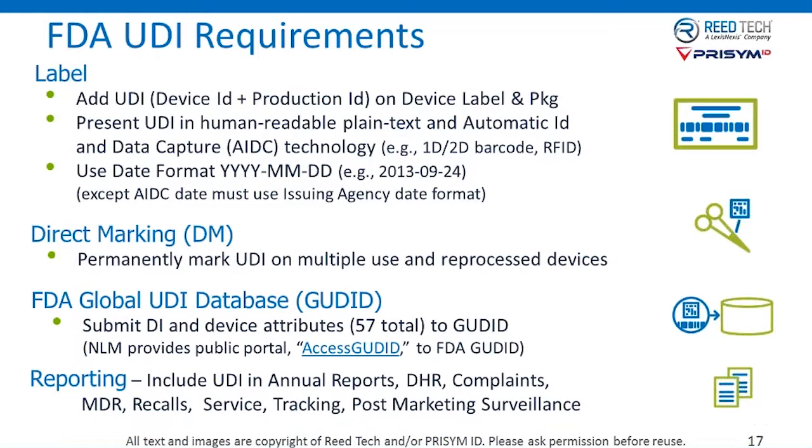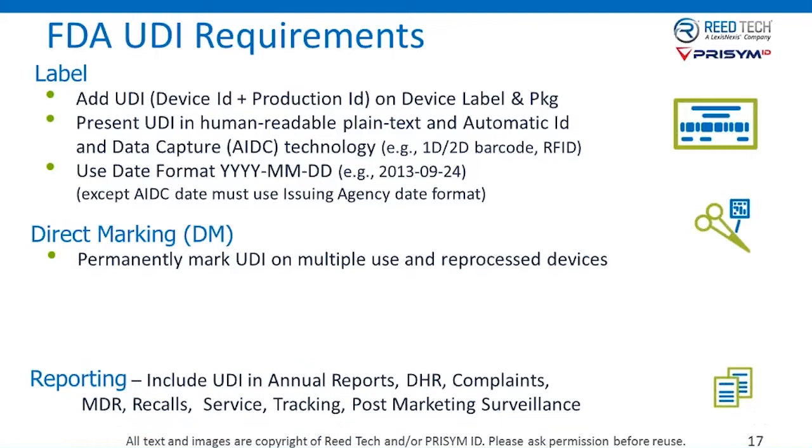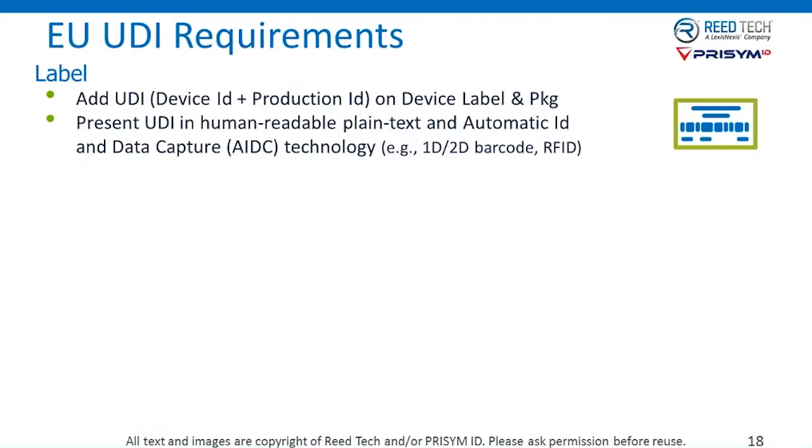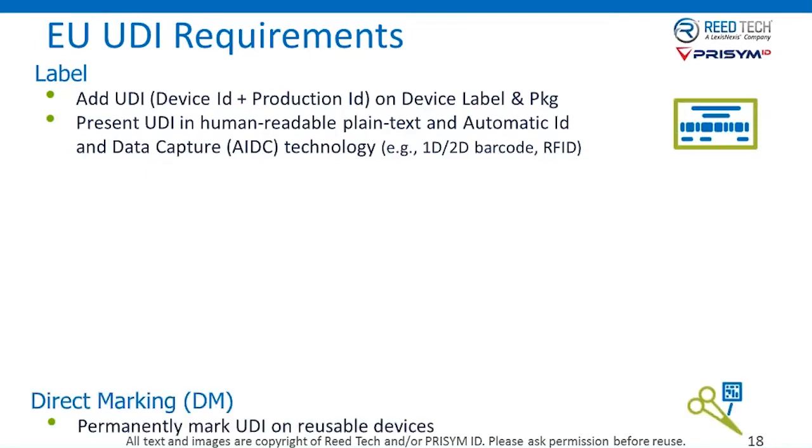If you look at this chart, you'll see it's very similar as we move over to the EU. Again, there's requirements to identify the device with a device identifier. Again, there's two components, a device ID and a production ID, making up the full UDI. That needs to be on the package of the product itself and the package in various formats. The technology there is AIDC, either a barcode or RFID type of tag typically used.